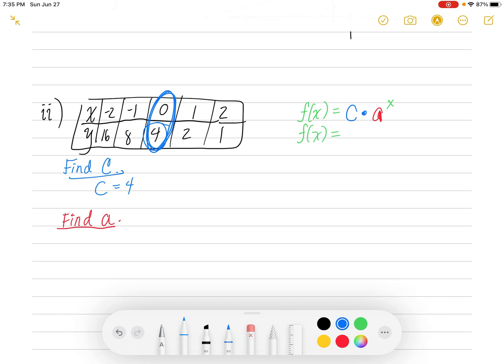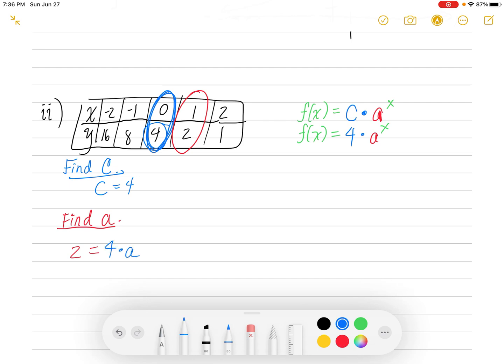Now let's find the a. I'm going to go back up top and rewrite this. This is f of x equals, I'm going to replace the c with the 4. I'm going to have 4 times a to the x. So now we have to find the a. I'm going to take the next point, which is 1, 2.